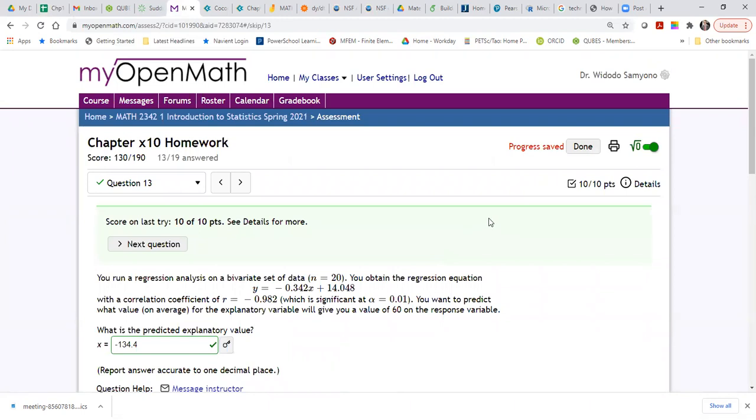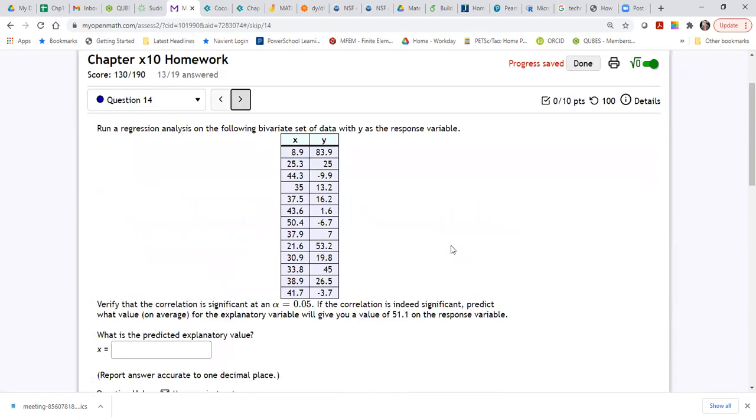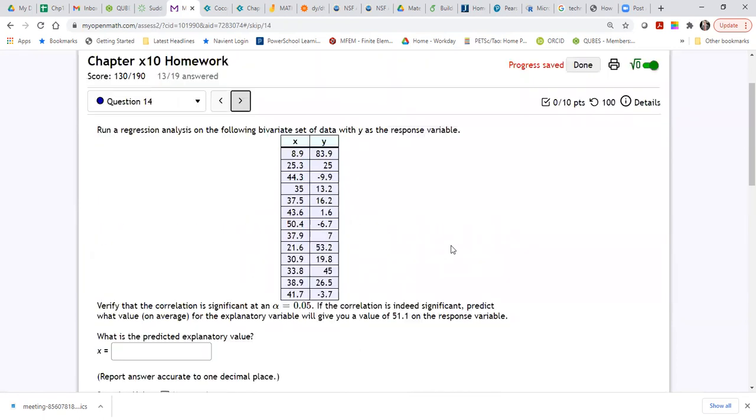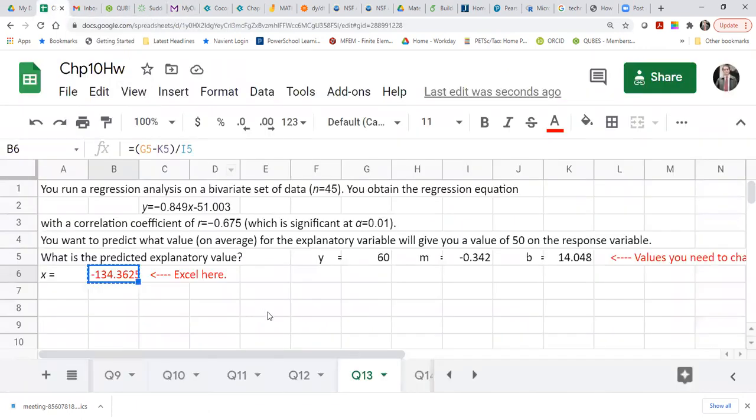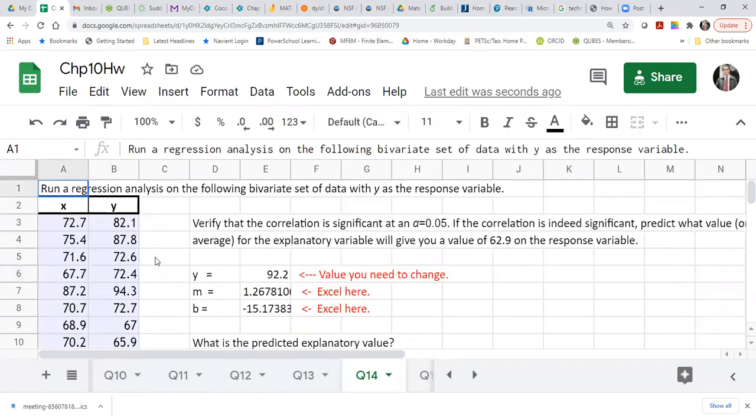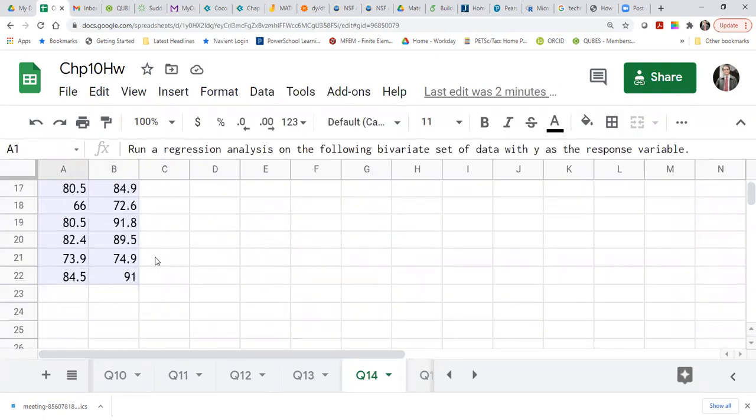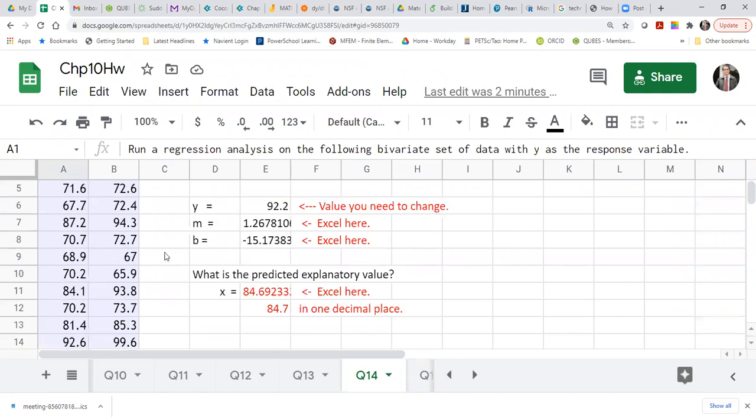So you can continue the rest, right? You need to answer 6 more problems, right? So this is 14. I think I'll give you the formula there. Also make sure you change the data here, okay?